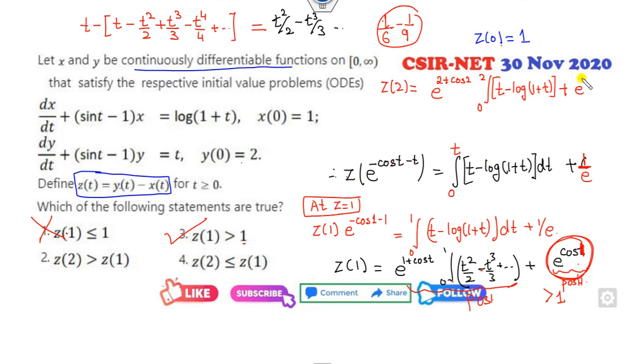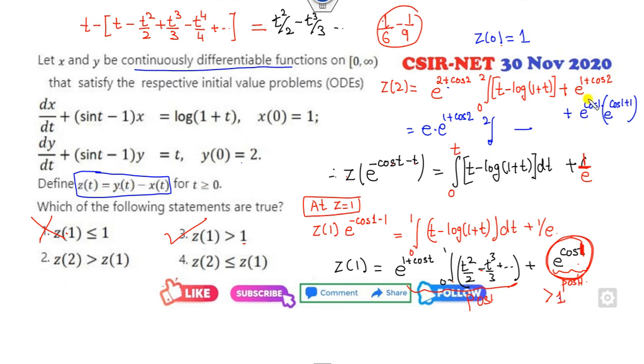So that means e of 1 plus cos of 2. Now whether it is greater than z1 or less than z1. You can see I can write this component as cos of 1 into cos of 1 plus 1. This number I can also write as e of 1 plus cos of 2. Now, what is z1?